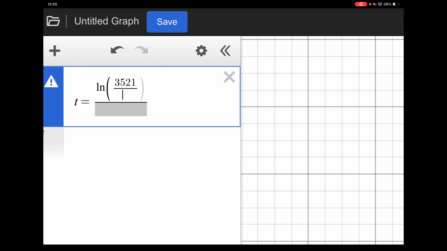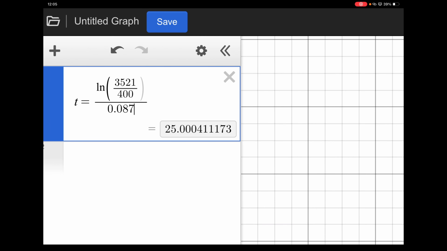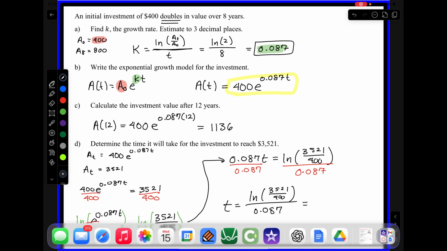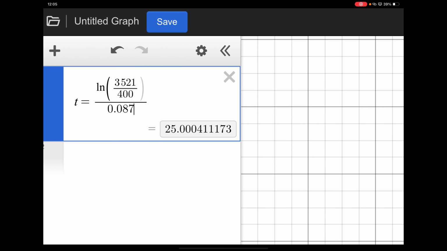I want to divide that number by 400. Notice I still have the division fraction there, and that number gets divided by the k value, which again was 0.087. So we get that the value is 25. So there is your answer.